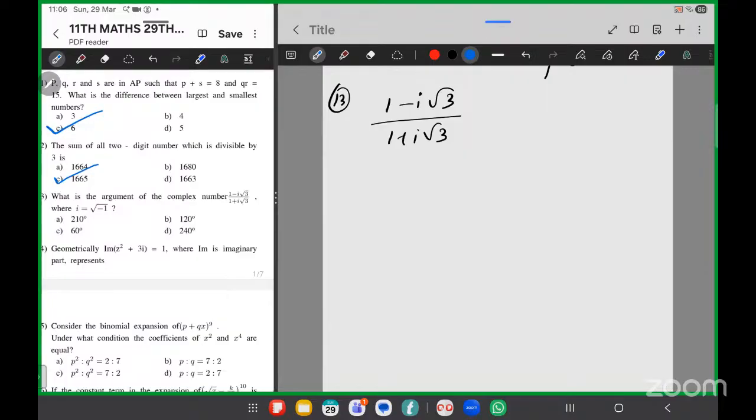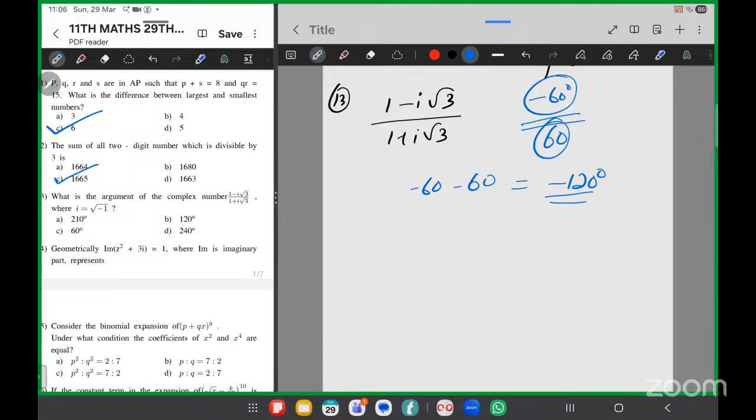The numerator complex number is in fourth quadrant. इसका एंगल क्या आएगा? -60 डिग्री है. Denominator is actually in the first quadrant. उसका आर्गुमेंट क्या आएगा? 60 डिग्री है. When you divide two complex numbers, the argument gets subtracted. So -60 minus 60, so -120.